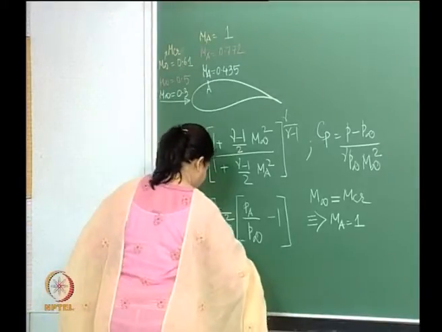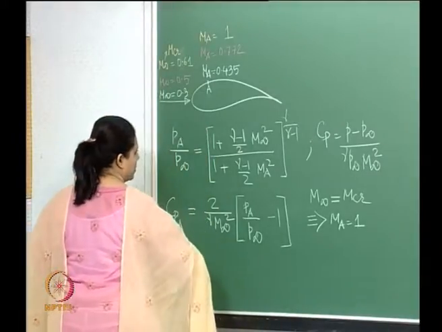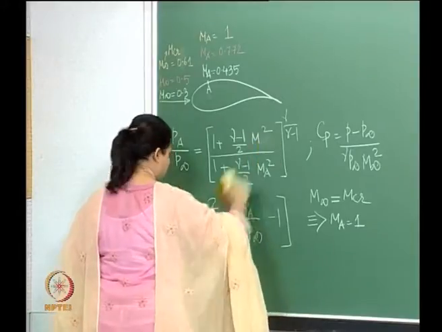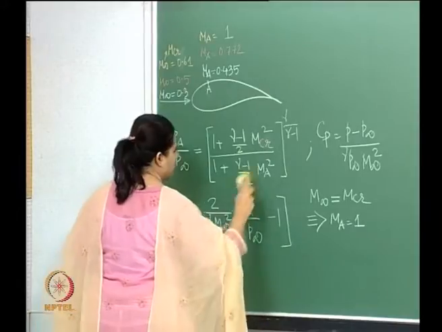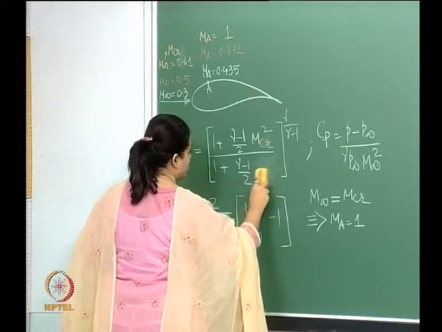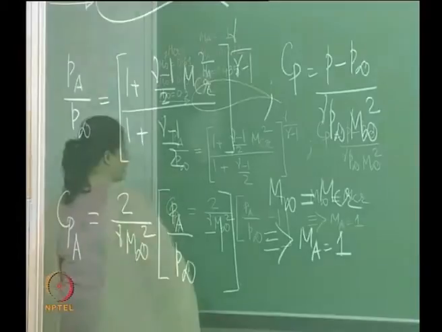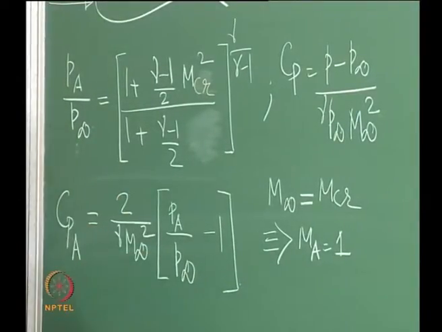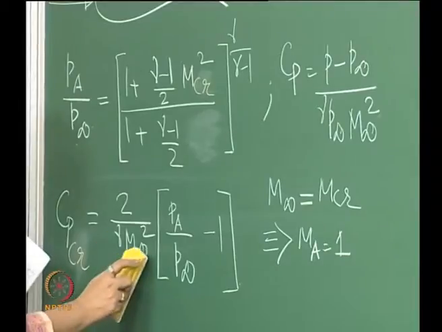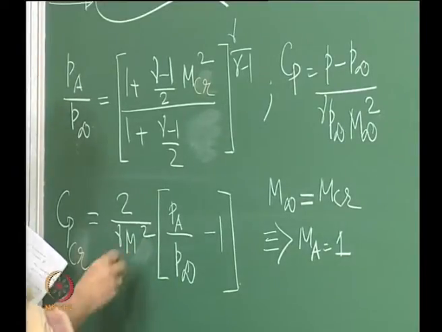So, if I introduce that here, let us do that. Then P A essentially becomes, with this as the critical Mach number, correspondingly we have this. Then I can say at this point C P A, or this is the critical coefficient of pressure.